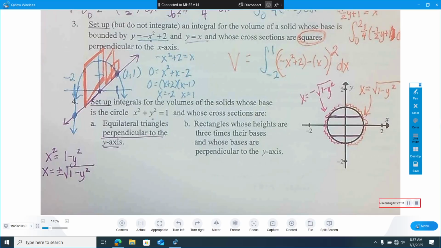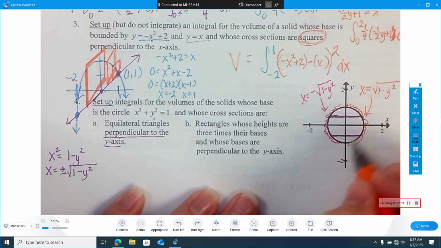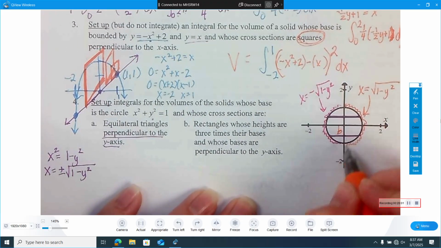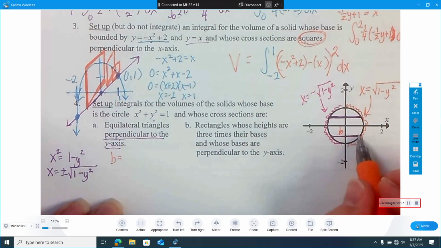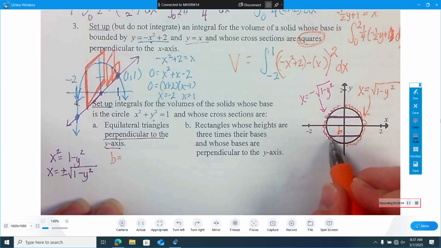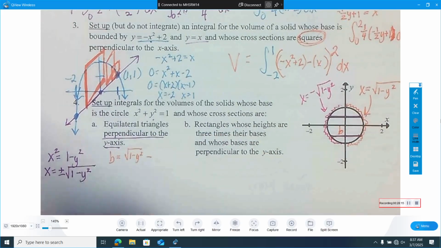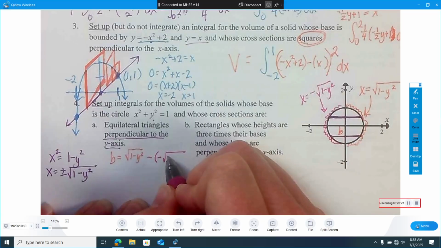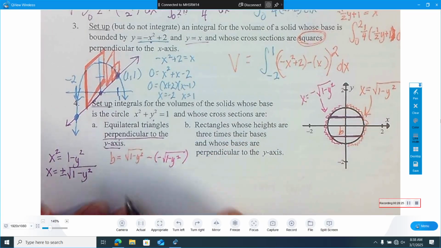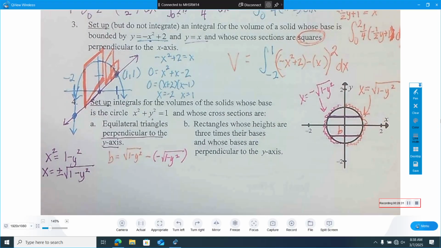So to figure out the base of my equilateral triangle, to figure out this whole base, I'm just going to use b for base. The base has to be right minus left. So that'd be the square root of 1 minus y squared minus the left edge, which is negative radical 1 minus y squared. So right side minus left side. So that's the base of our equilateral triangle.